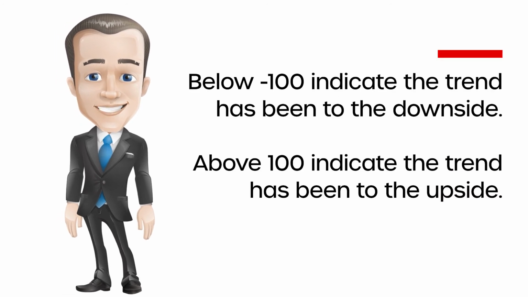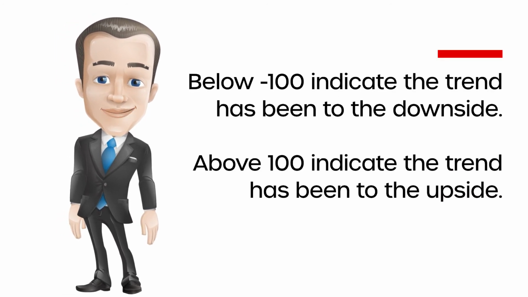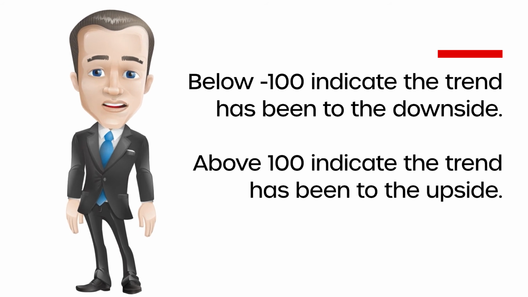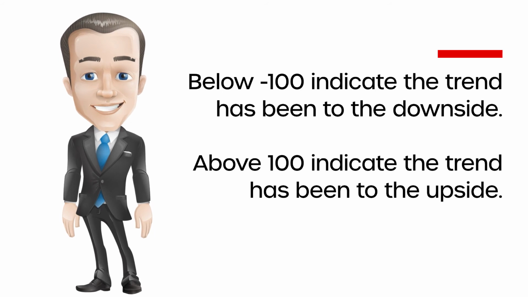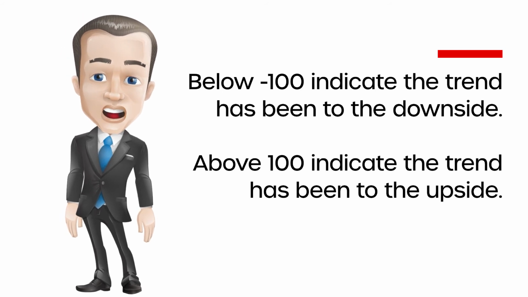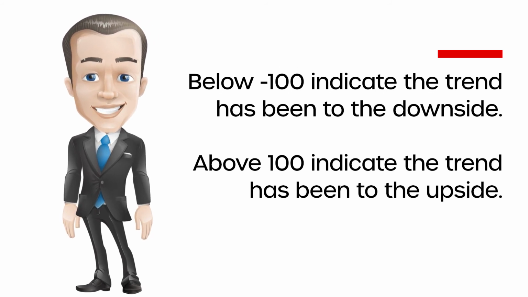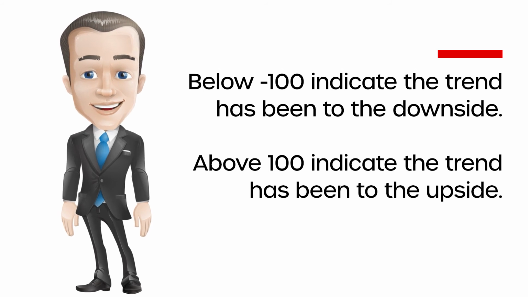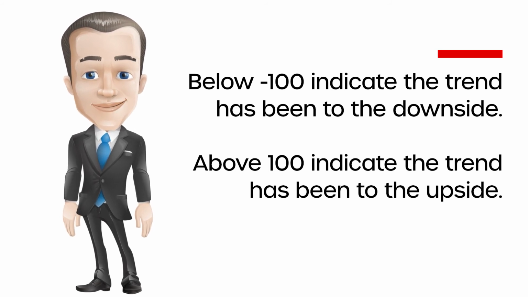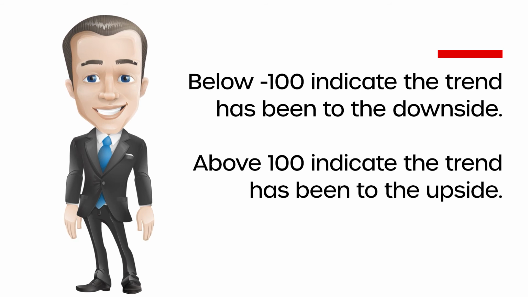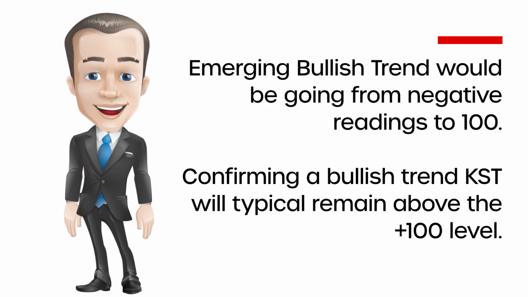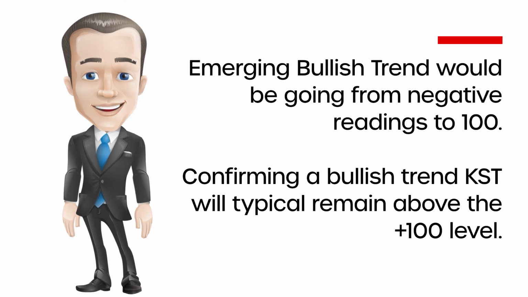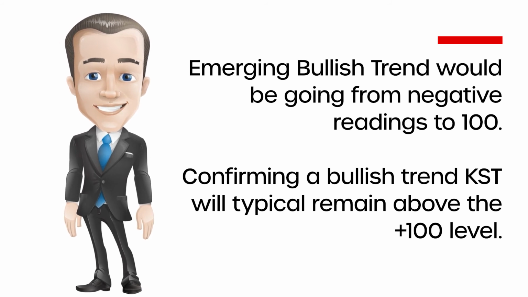Also, low readings of minus 100 and below indicate the trend has been to the downside. Readings of plus 100 and above indicate there has been a trend to the upside. Based on this information, an emerging bullish trend, going from negative or near zero readings to 100, can be used as a signal to watch for an uptrend.